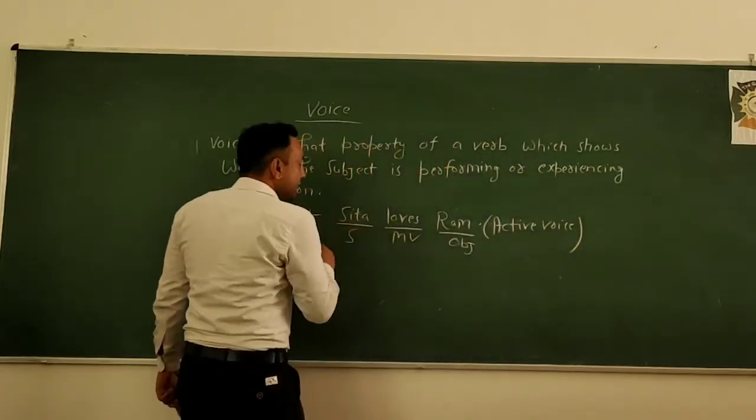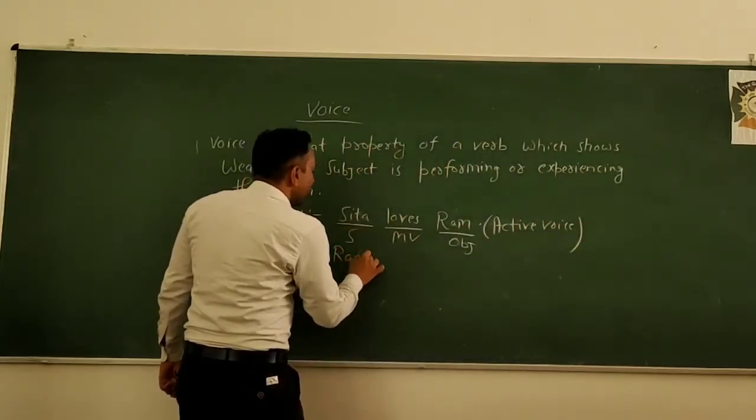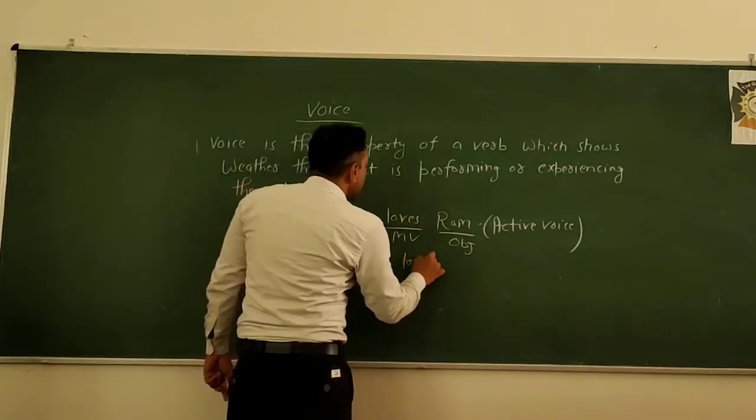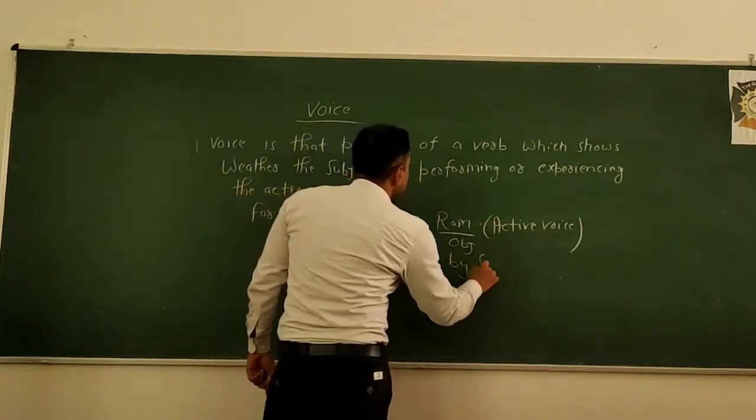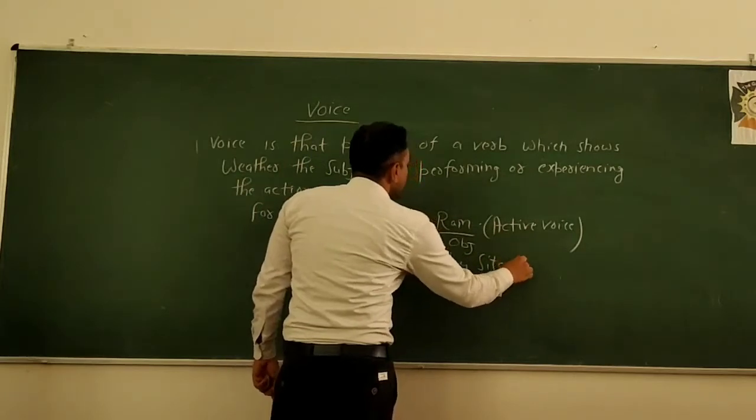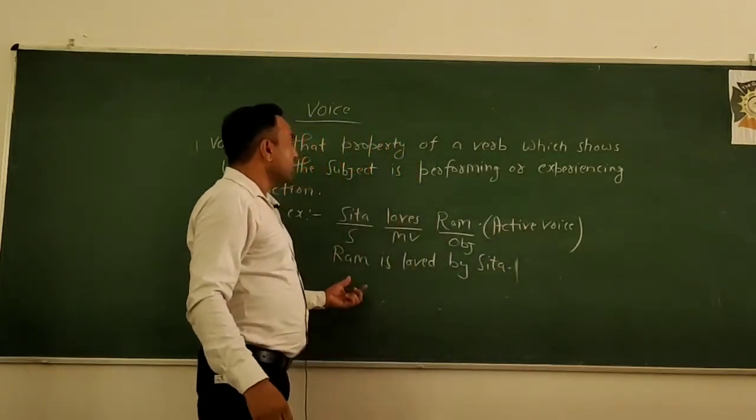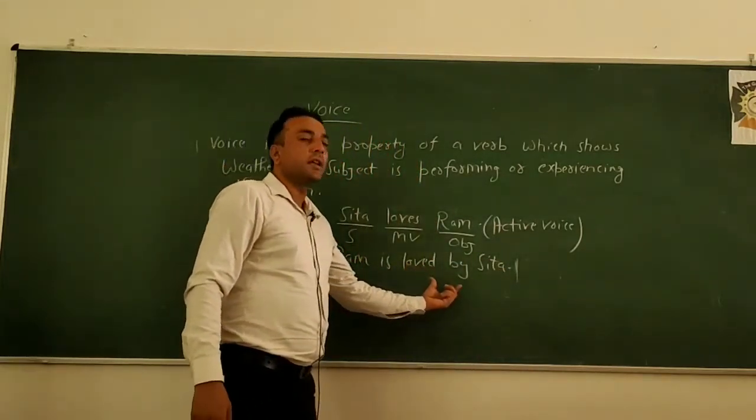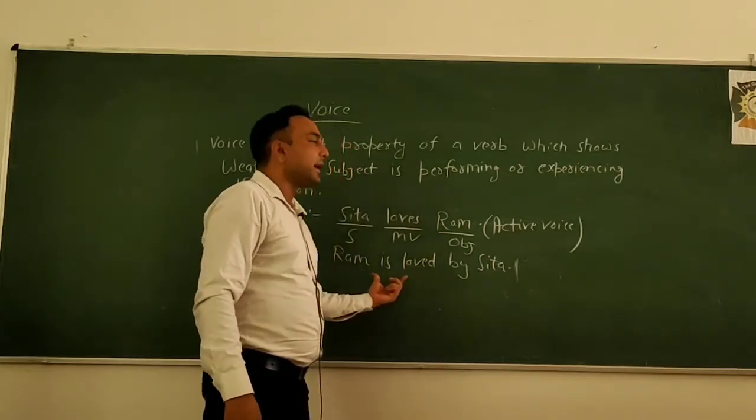Now I will change it into passive voice. Ram is loved by Sita. In this sentence, Ram is experiencing the action of love by Sita.